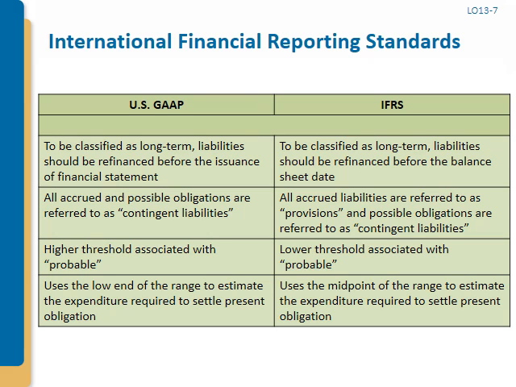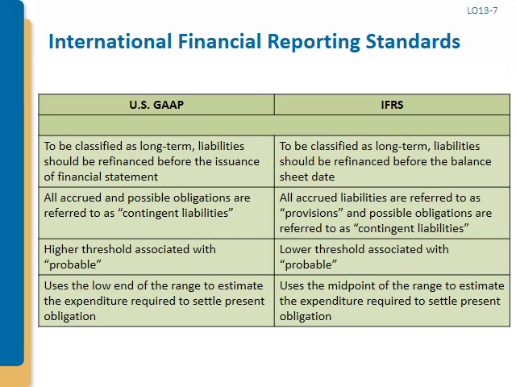International Accounting Standard Number 37, Provisions, Contingent Liabilities, and Contingent Assets, prescribes the accounting for contingencies. IFRS and U.S. GAAP are quite similar in respect to the accounting for contingent losses. However, there are some important differences.